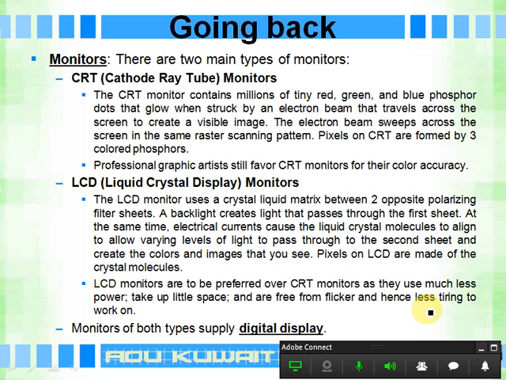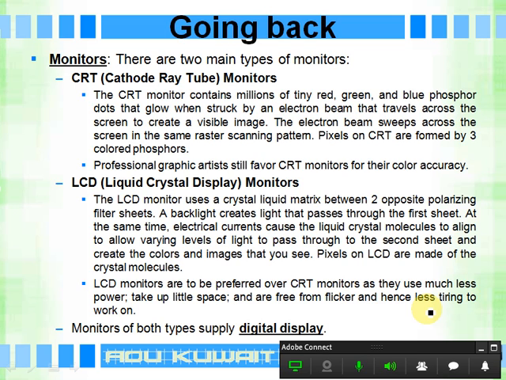At the back there is a bulb, a light behind the screen. We used to see that when we were kids. We had a TV at home with a CRT, and we used to see the bulb from the back. So it is a CRT monitor.